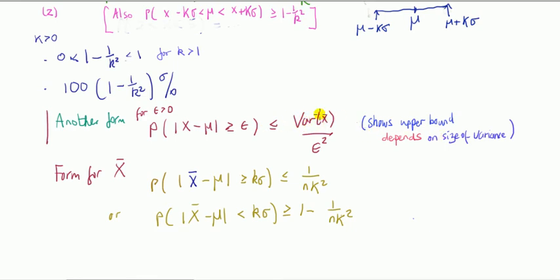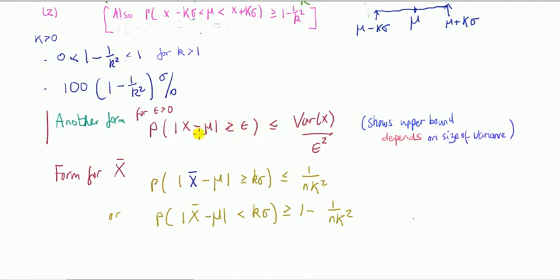So think about it. If the variance is small, close to 0, then this is going to be a small number. So the chance of x, this random variable, being far from mu, in terms of exceeding it by this amount, is going to be small.